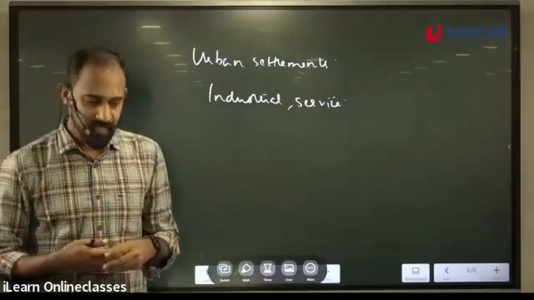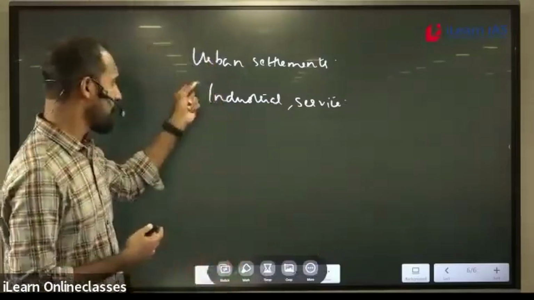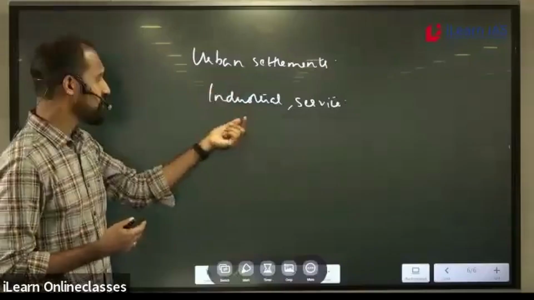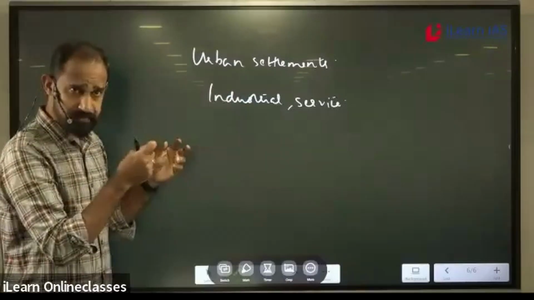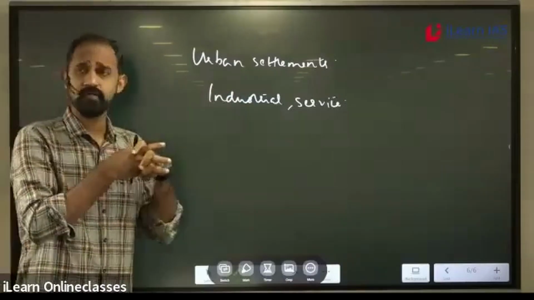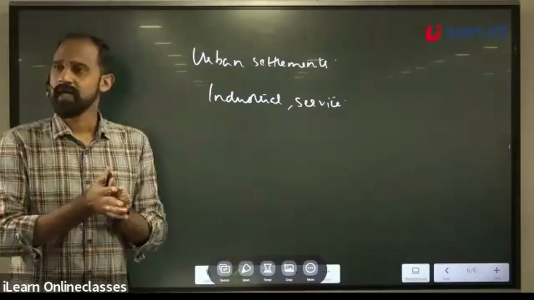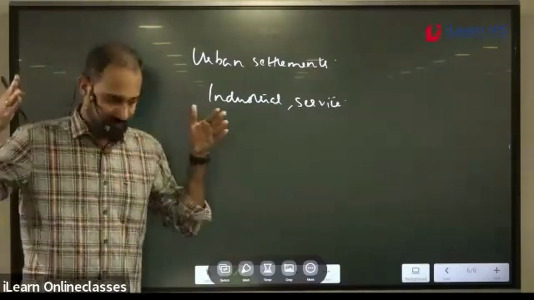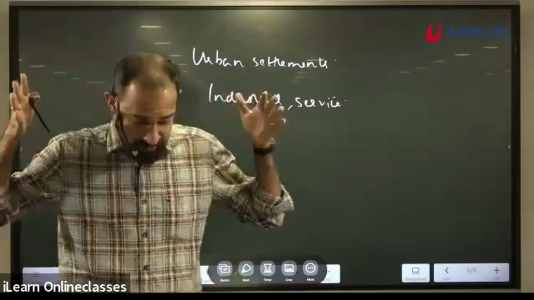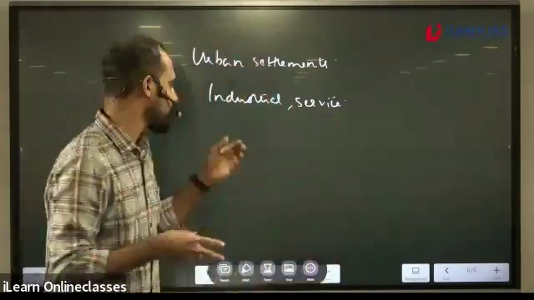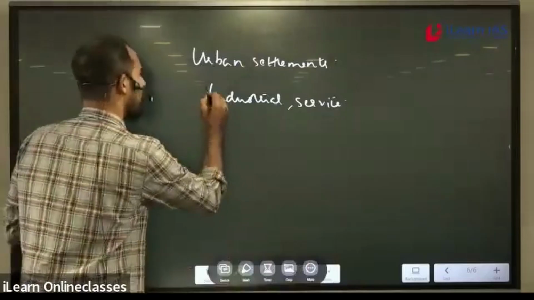That makes the difference between urban and rural settlement, because this is not land intensive. It does not require a huge land area to support activities. You can do a lot of activities in a smaller piece of land.